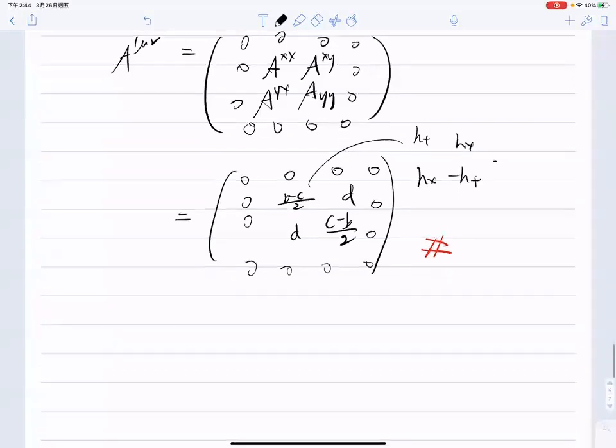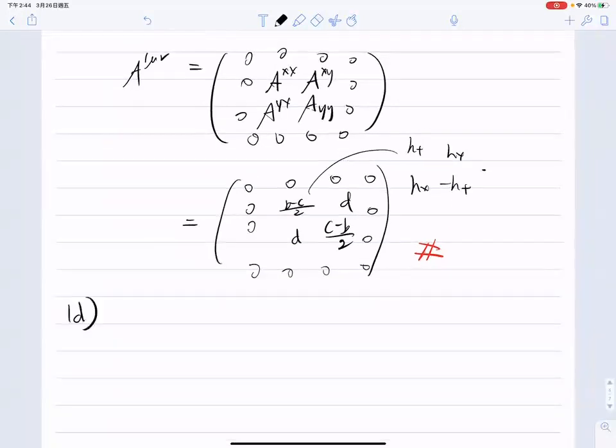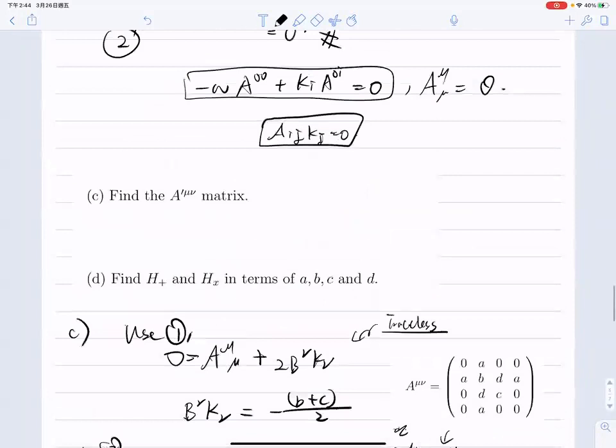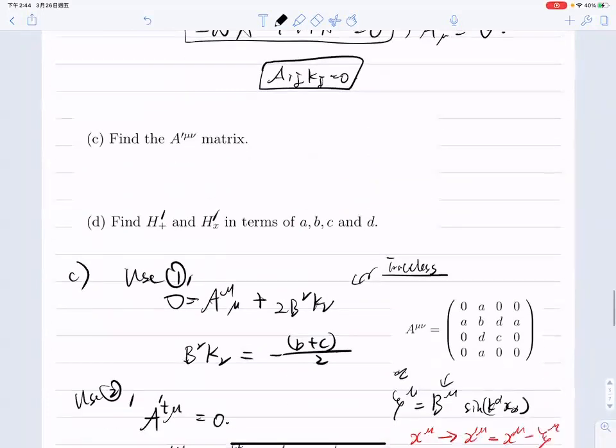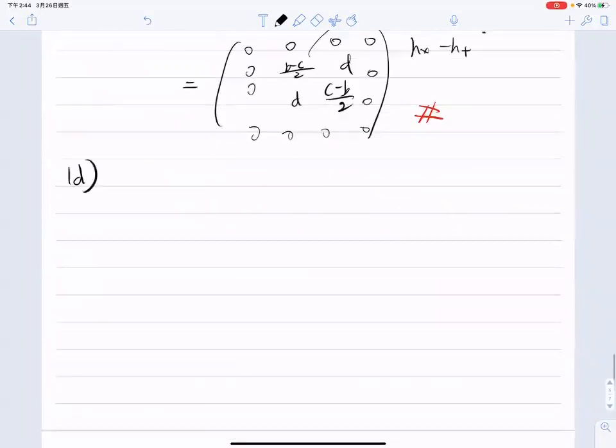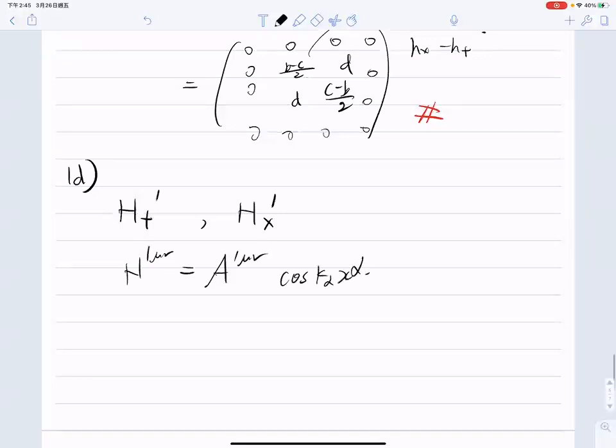So finally, part D is just going to find a new, sorry, I have prime here with a capital plus and finally capital cross, because the H prime mu nu is just equal to A prime mu nu times the cosine wave, right?